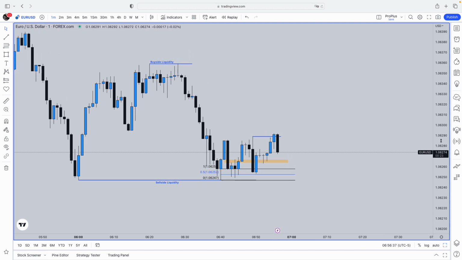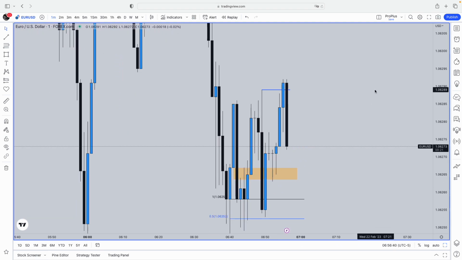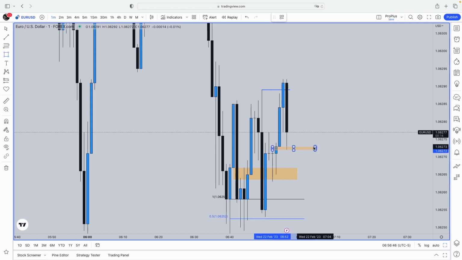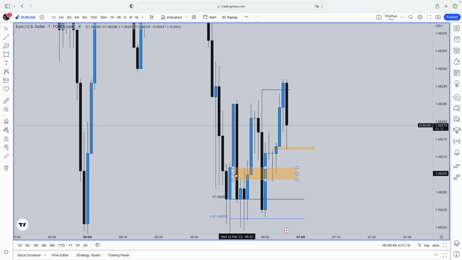Yeah, that's what tape reading is, just looking at all the candles. Fair value gap here. So the way price rejected here, this fair value gap pushed above, pushed lower, pushed above, showed support to push up higher.